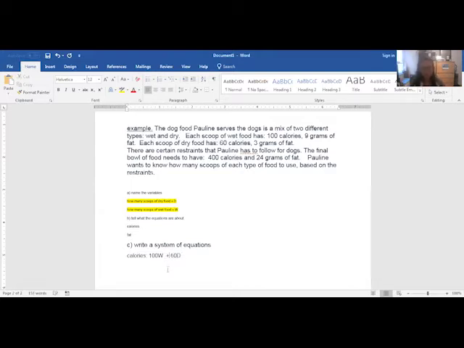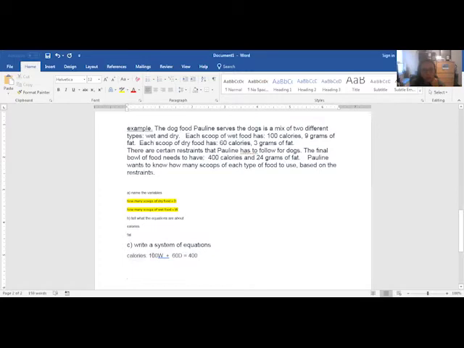If I add together the wet food calories plus the dry food calories, this final sentence tells me that the bowl should have a total of 400 calories. Notice that each part of this equation deals specifically with calories. 100 calories in wet food, 60 calories in dry food equals a total of 400 calories.